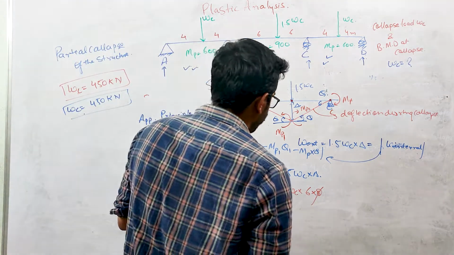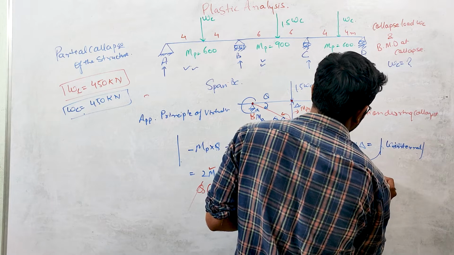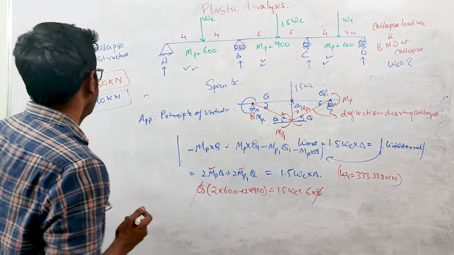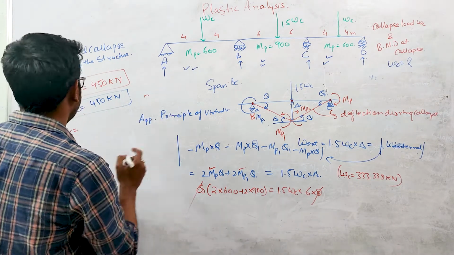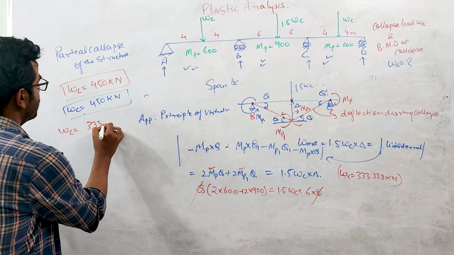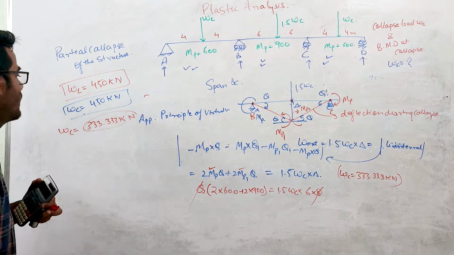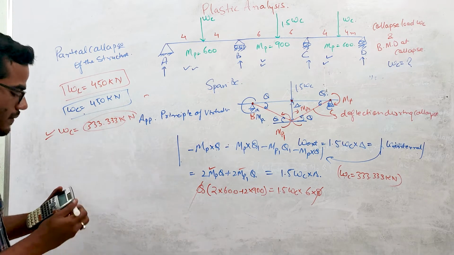So WC comes out to be 333.333 kilonewton. So the collapse load value when the collapse is taking place in span BC is 333.33 kilonewton. We have studied that the minimum of these three values will be our collapse load.